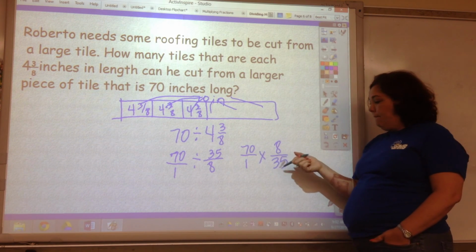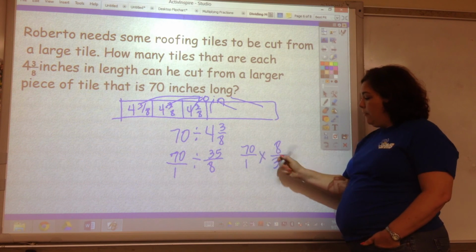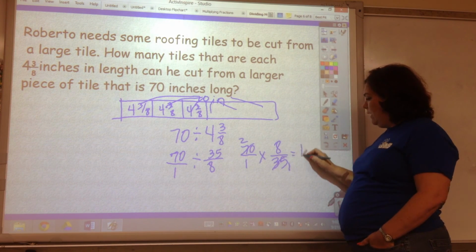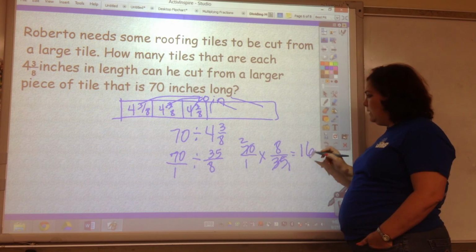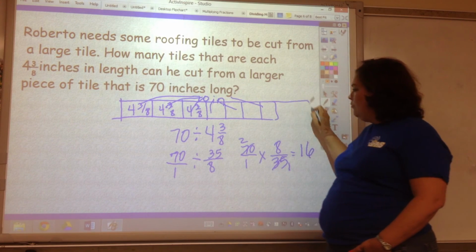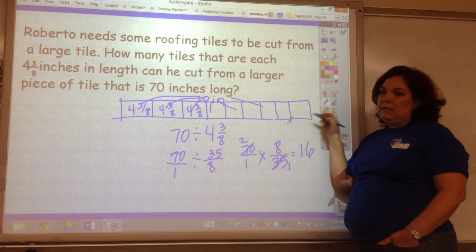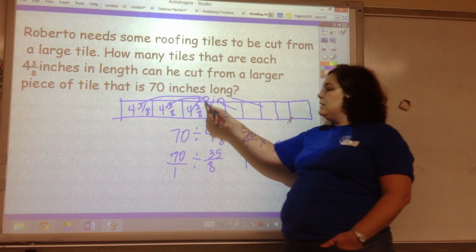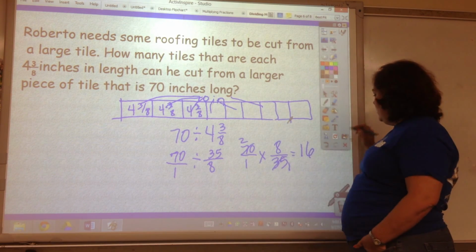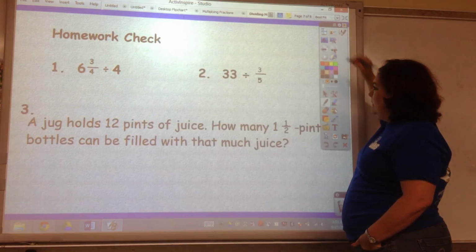I could divide by 5, or I could divide by 35 and get 2 and 1. And so this would equal 2 times 8 is 16. So if I kept drawing and drawing, 16 of these tiles that are 4 3/8 would make up the 70 total amount. So that makes sense.